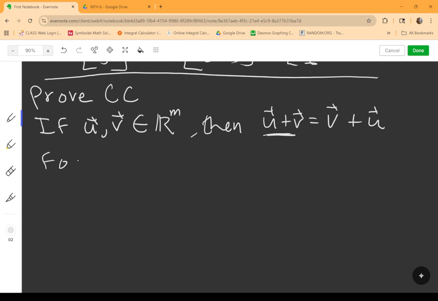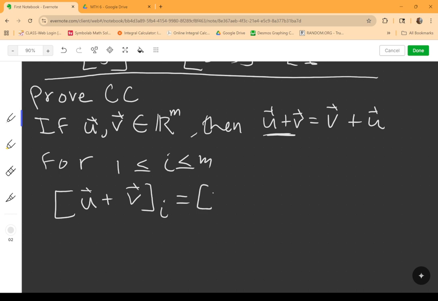We'll start here, so for i greater than or equal to 1, but less than or equal to m, then by definition, we have this. This is the definition of vector addition.